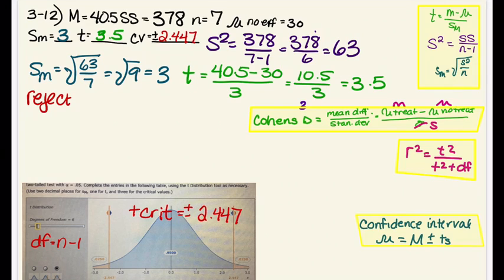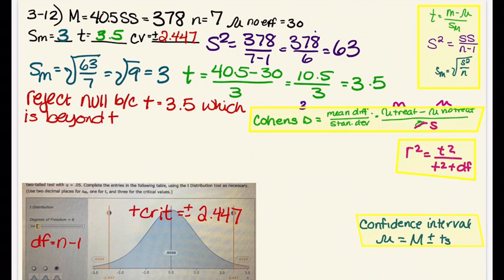We'll take a look at our t-value, which is 3.5, and decide whether it is beyond the critical value of 2.447. And since it is, we will go ahead and reject the null because it's beyond our critical t-value.